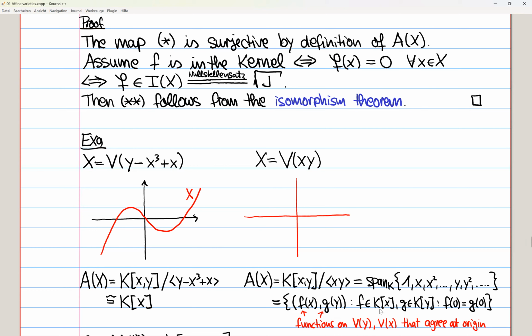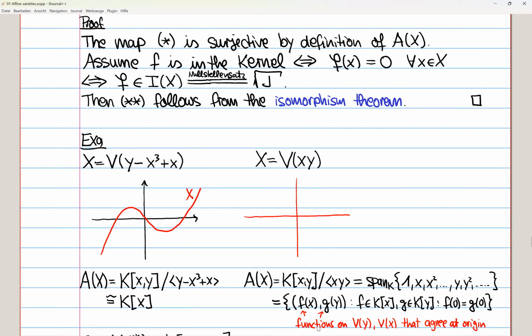They're both polynomials, and they need to satisfy that at the origin they agree, which essentially means that their constant term must agree. And then it's easy to write down a bijection. In fact, this set also has a coordinate-wise multiplication, so it becomes a ring, and you can convince yourself that these rings are isomorphic.